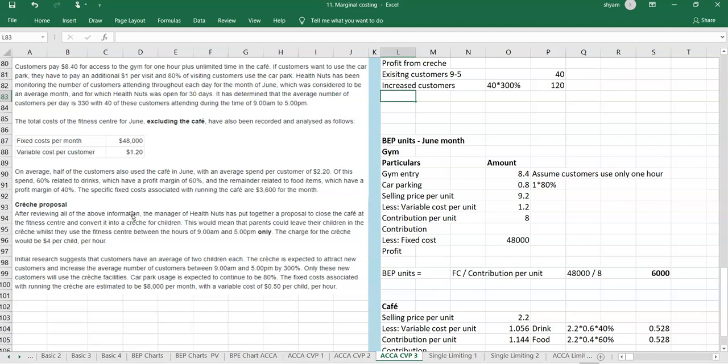We need some more information. Each of them will bring 2 children. So we'll put it as children per customer. Each customer, we could take it here.